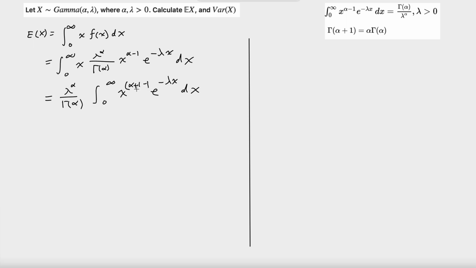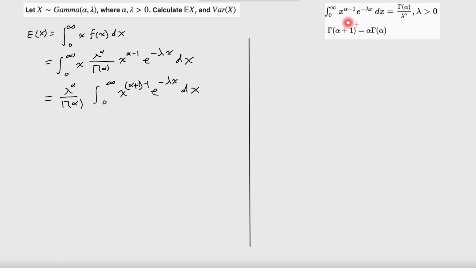The reason is that we're going to use a property of the gamma function here. Here's the property of the gamma function: the integral is equal to gamma alpha divided by lambda to the power of alpha. You can see the inside of this integral is exactly the same as this one, except that the alpha here is replaced by alpha plus 1.